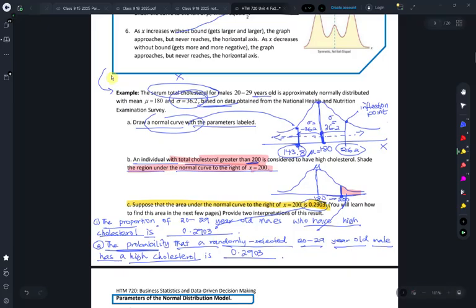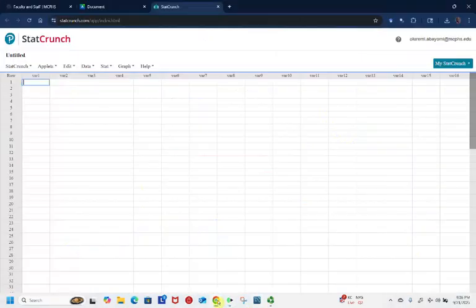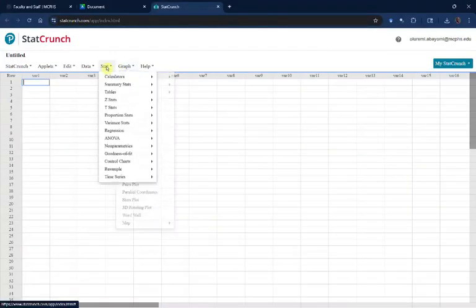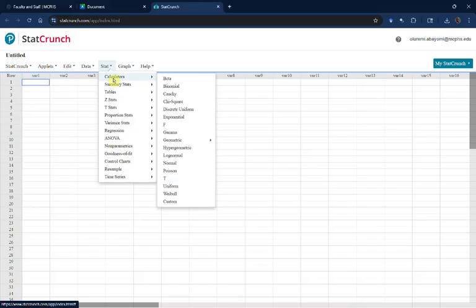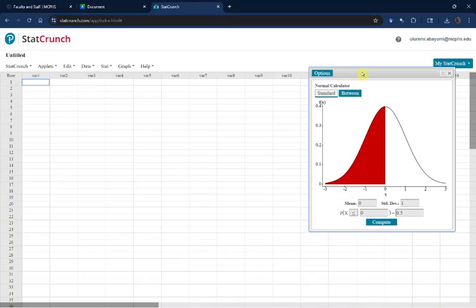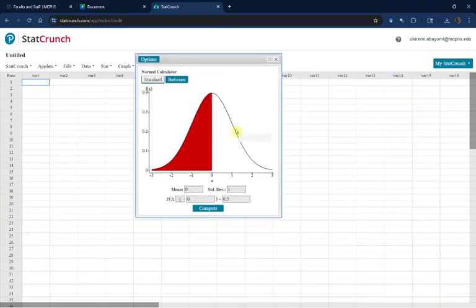So a usual question we get at this point is, how did we get this 0.2903? There is a calculator that we're going to be using in StatCrunch in order to compute this, and I will show you that. Right away, if I go to StatCrunch, go to Stats, go to Calculators, I'll go to the normal distribution calculator, click on that, and you see a sketch of the normal distribution.